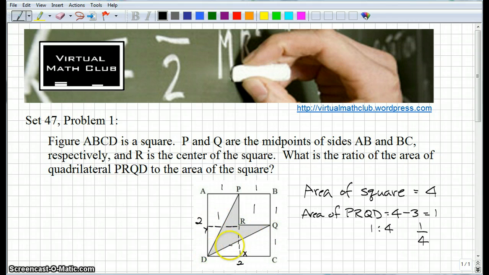And so the white area down here is also 1, which we figured out with one half base times height as well. So either way, you can do it, and you'll get a ratio of 1 to 4. Okay? So that is the answer.